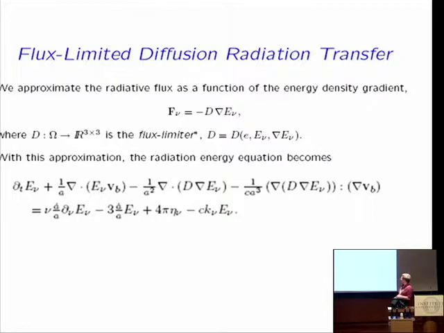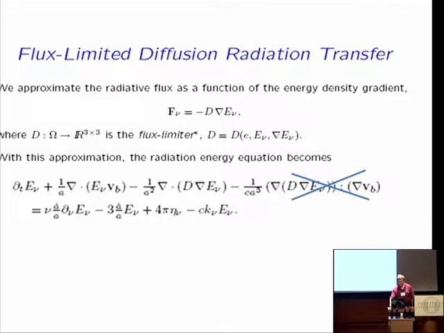The next slide addresses that. Anyway, once you introduce this ansatz, that the radiative flux is some constant or some function D times the gradient of the energy density, this D is this complicated thing that is a function of gas energy, radiation energy, and the gradient of the radiation energy. It's designed in such a way to give you the correct behavior in the limiting regimes. Once you've done that, you get this equation here.